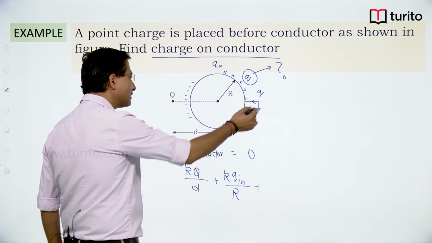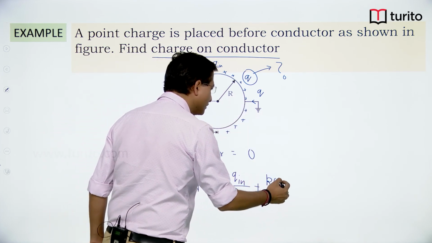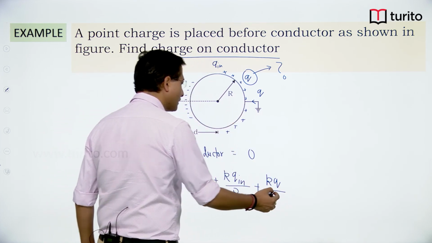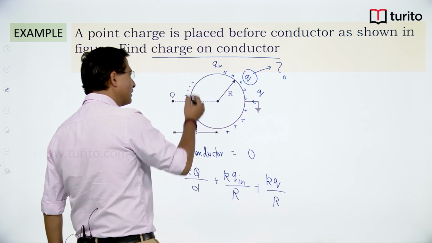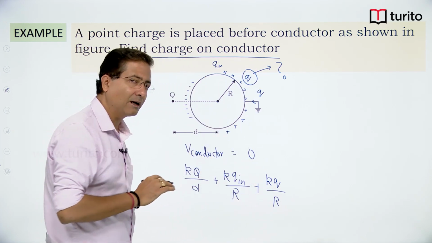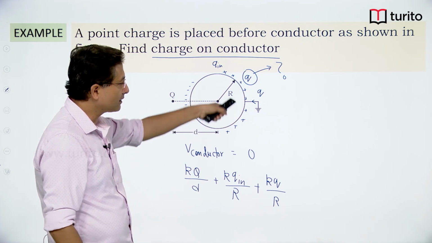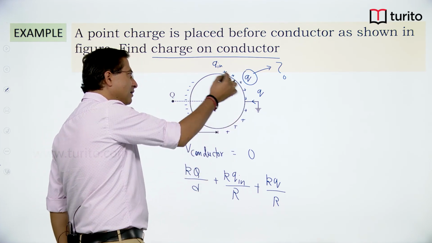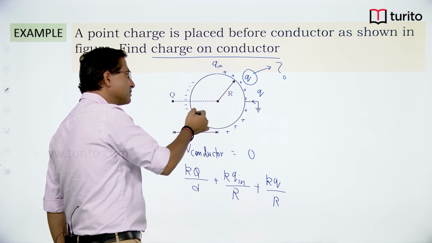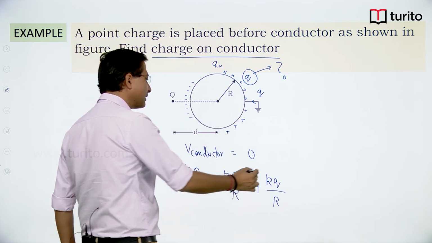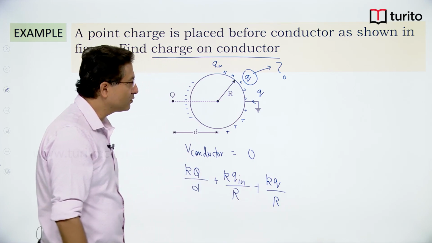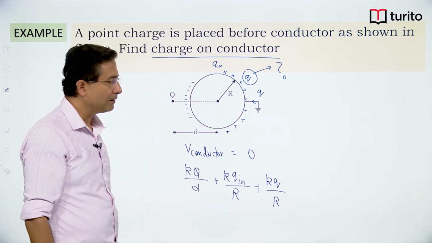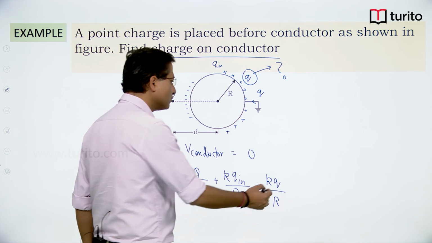Now what earth gave, that kq divided by r, that will also appear on the surface, excess charge appears on the surface of conductor. So every charge particle will be at distance r from the center, I can write potential at center due to that charge kq divided by r. This has to be 0, right.